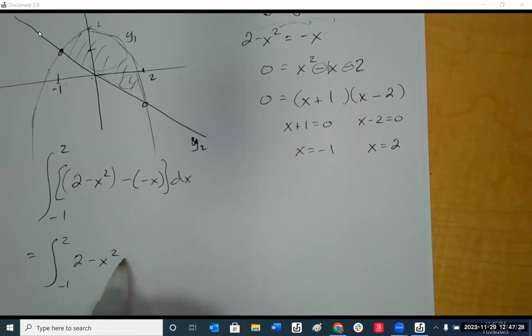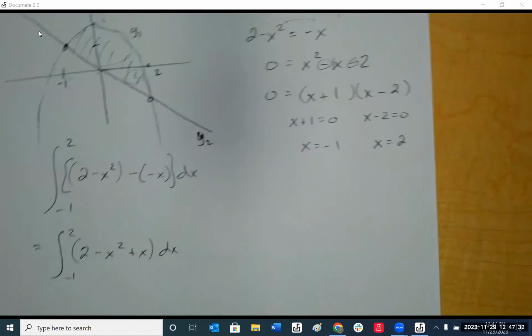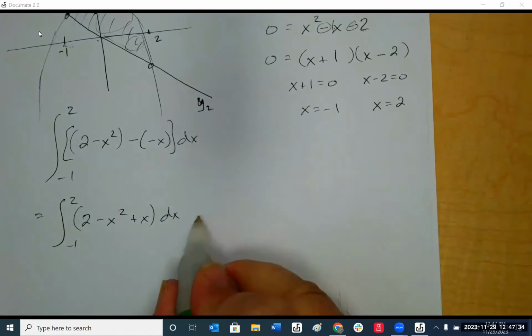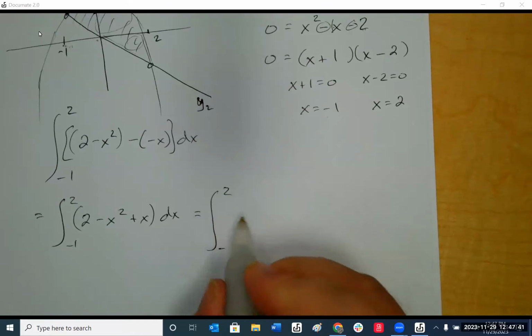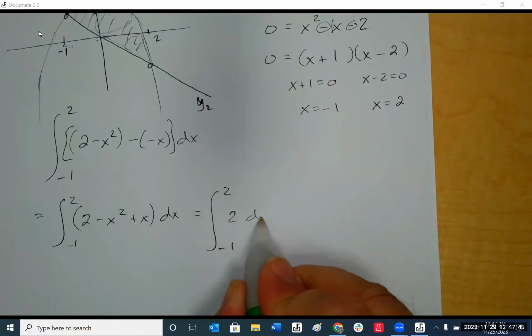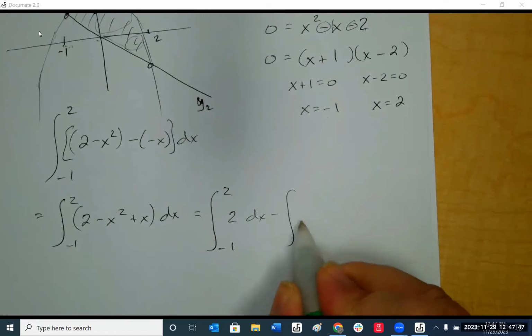Two minus x squared plus x dx. We could do each one of these separately.